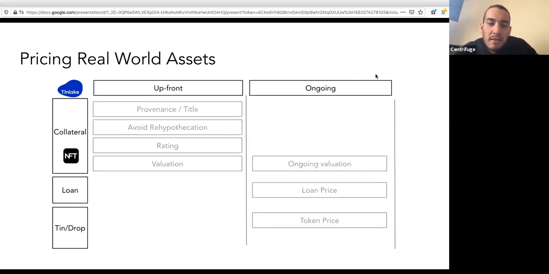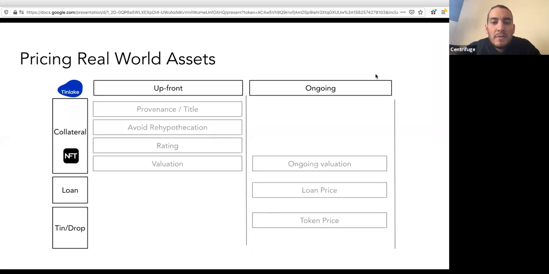I think that again depends on the asset class. For example, if you buy a home in the US, sometimes you can get as low as 10% down payment, sometimes it's 20%. That essentially translates to the collateralization rate.